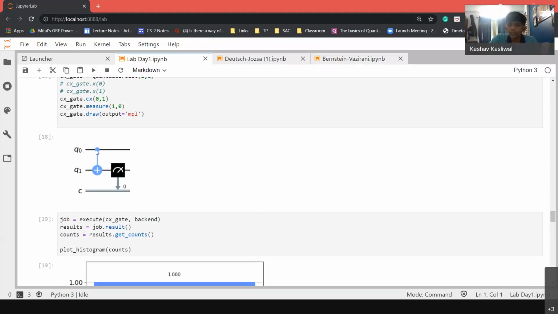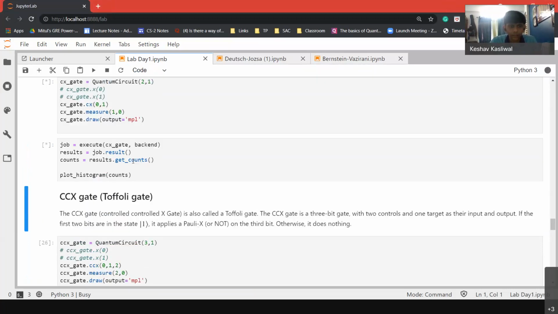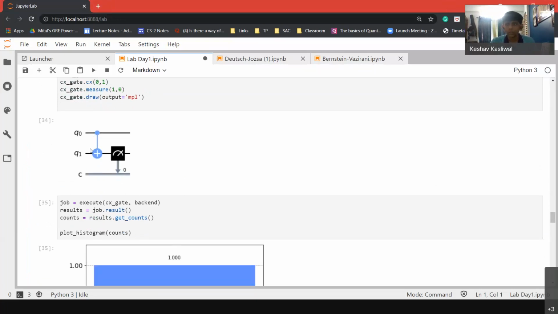If Q0 is initialized to the 0 state, that means Q1 wouldn't be affected. But if Q0 is 1, that means the operation is applied on Q1, and the bit would flip. So I'll execute it once.